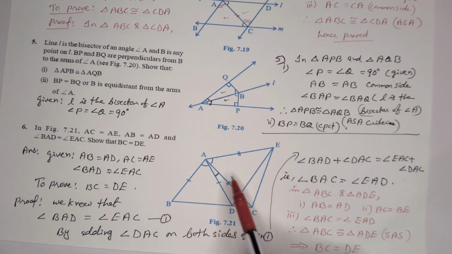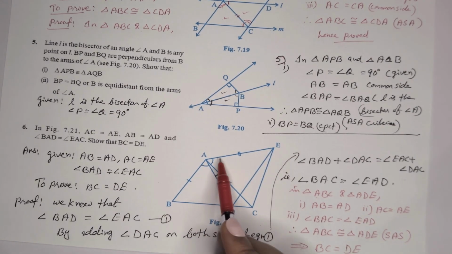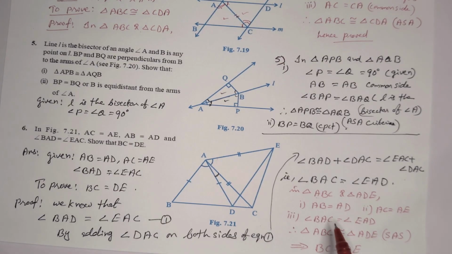Here also in the figure, AC is equal to AE, and these angles are also equal. So by SAS congruency, we can say these two triangles are congruent. Therefore, BC is equal to DE, corresponding sides.